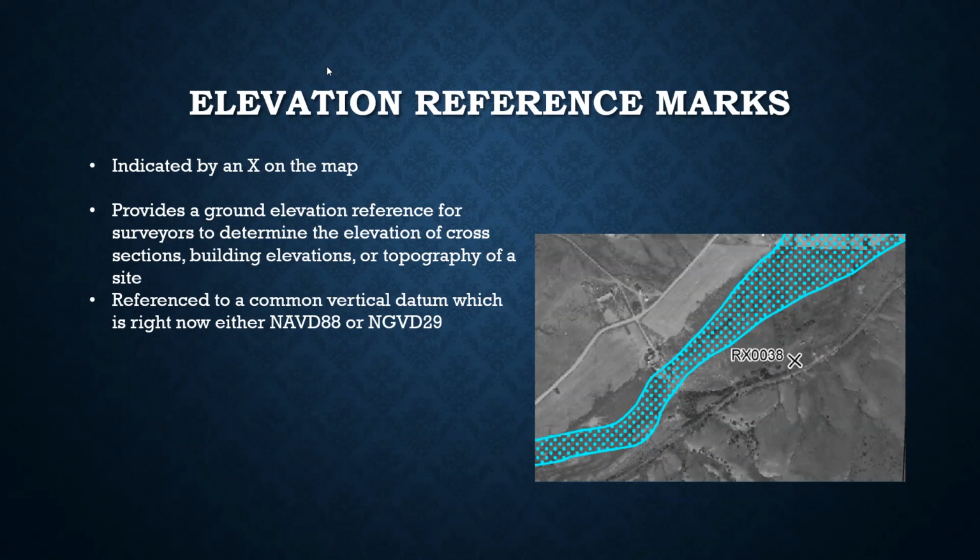In some of your older maps, you shouldn't have any NGVD 29s anymore, but it's just a reference to basically what sea level measurement they have based on a certain location. And that's really all it is. But they do change.